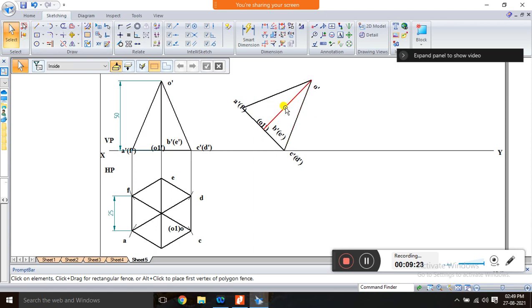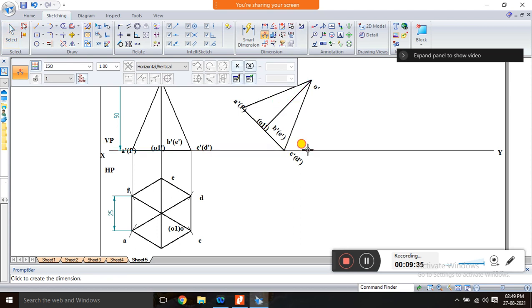With the help of this software, only the move option and rotate option, you can easily rotate this. So this base inclination is 45 and axis is also 45. If you want, you can cross verify. This is the axis, so it is also 45. See, this base is also 45.